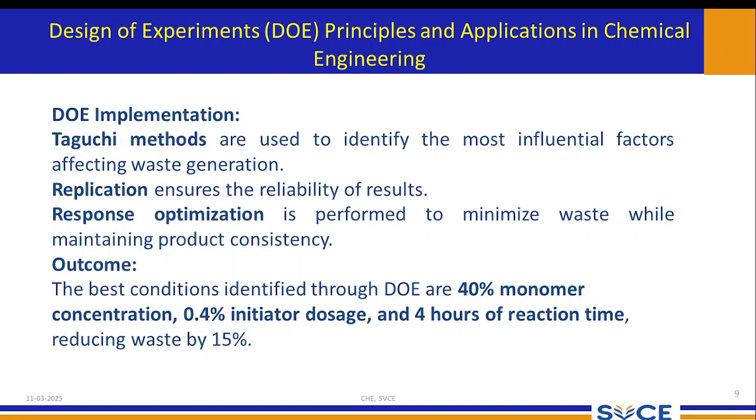So please try to understand the design of experiments. We may not know the interaction between the independent variables on the dependent variables, or whether only one variable has much effect on the dependent variable. We can study that by means of design of experiments, using a statistical method.